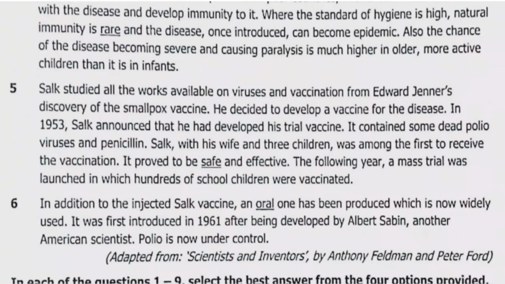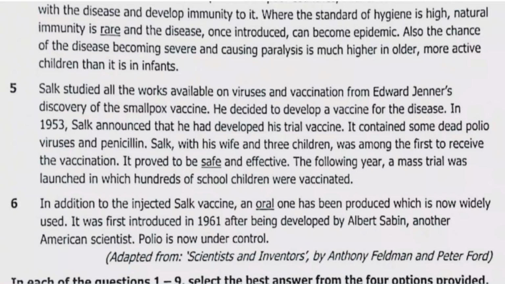It contained some dead polio viruses and penicillin. Salk, with his wife and 3 children, was among the first to receive the vaccination. It proved to be safe and effective. The following year, a mass trial was launched in which hundreds of school children were vaccinated.